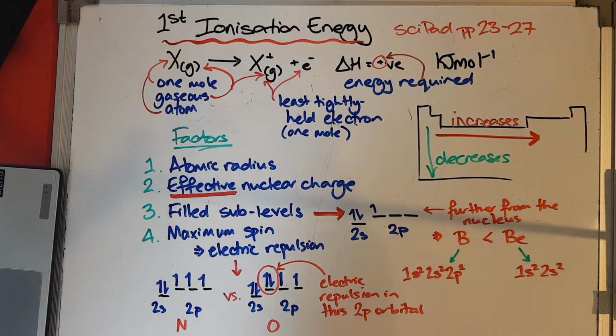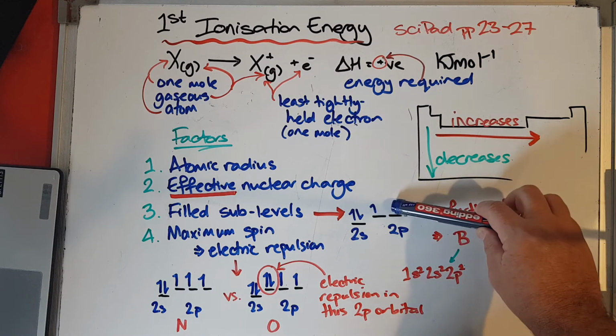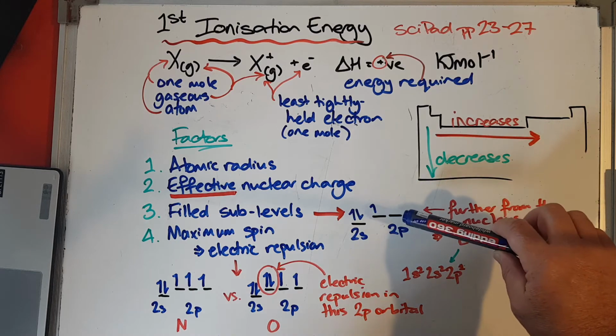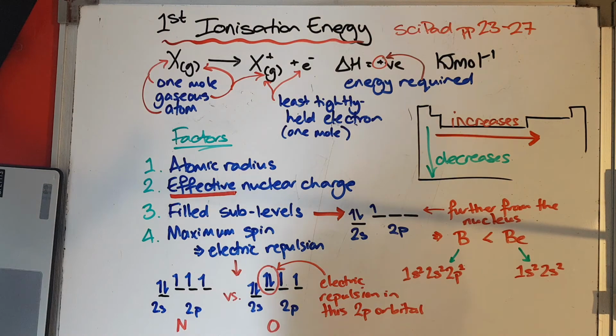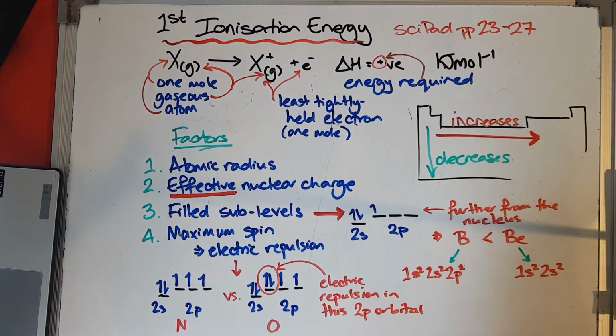And the reason for that is that the 2p sublevel is a little bit higher than the 2s for energy. So therefore it's actually a little bit further away from the nucleus. But with the increased nuclear charge, it gets held in quite tightly.